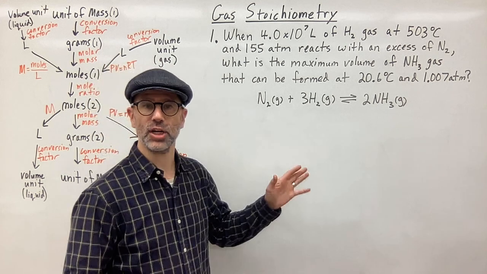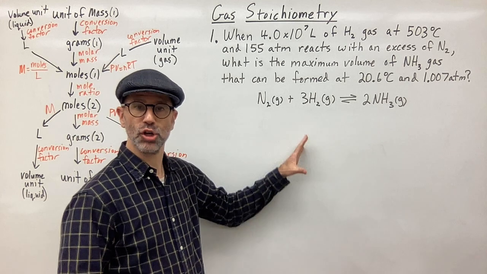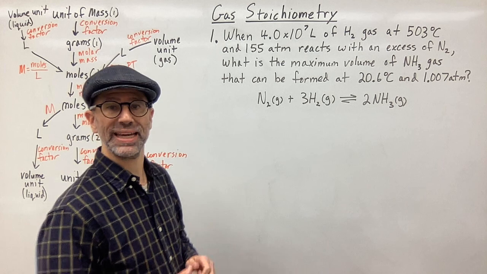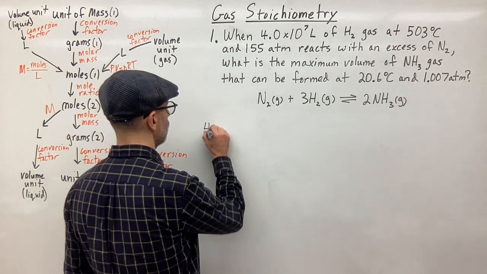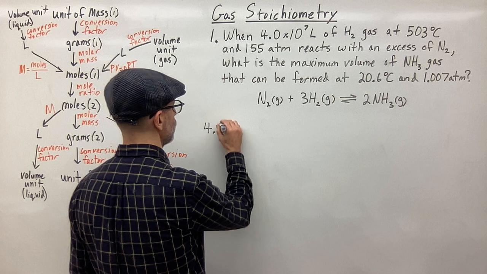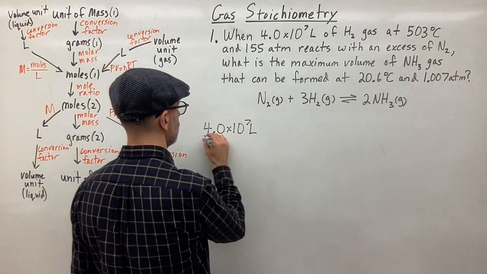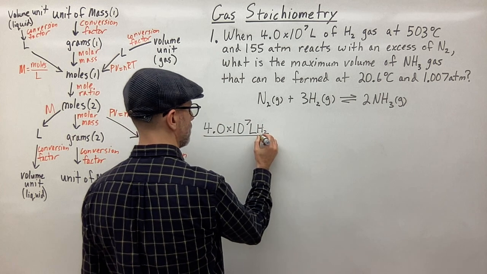All the calculations are the same. I'm not going to bother doing the conversions. I'm just going to show you after what the conversions are. So the first thing you're going to do again is start with the 4.0 times 10 to the 7 liters of H2 gas, right?